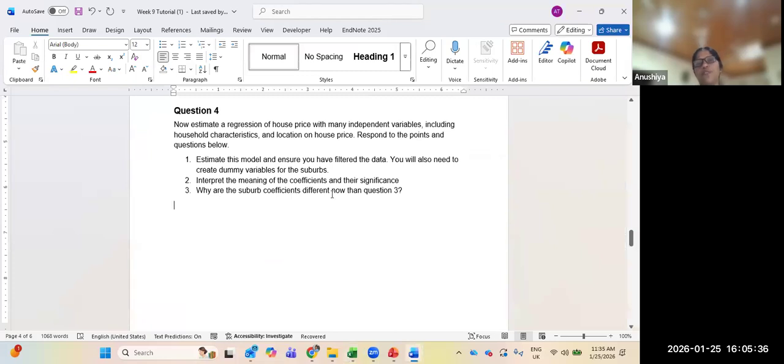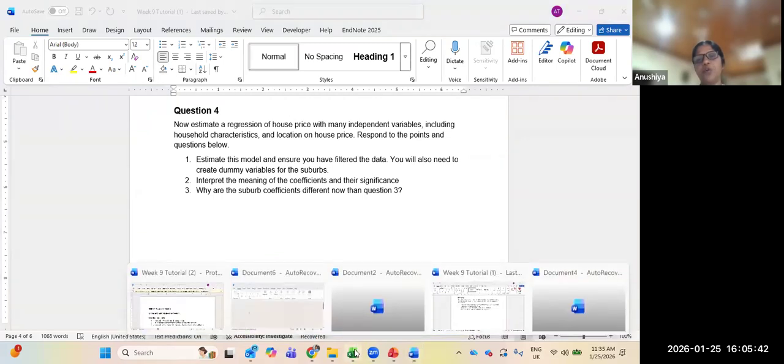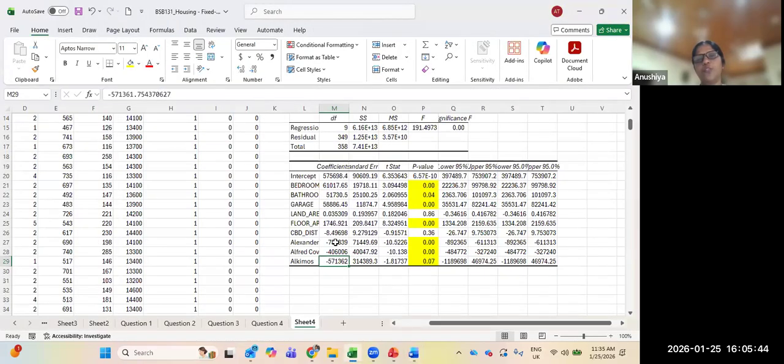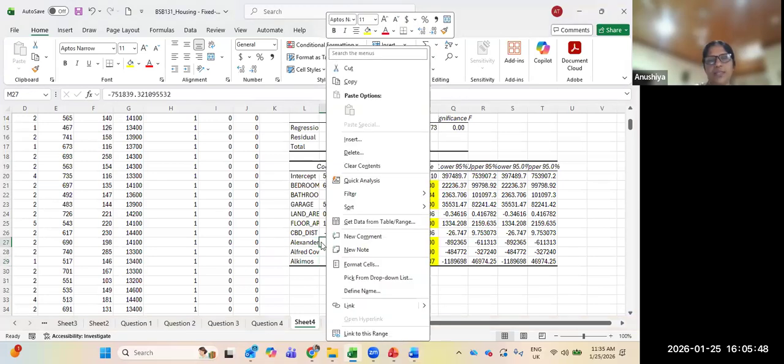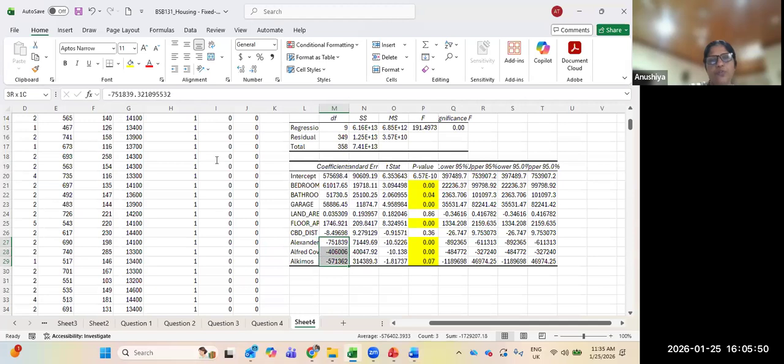So why are the suburb coefficients different now from question number 3? If you look at the output, the coefficients for Alexander Heights, Alfred Cove, and all the others are coefficients estimated with the other household characteristics.